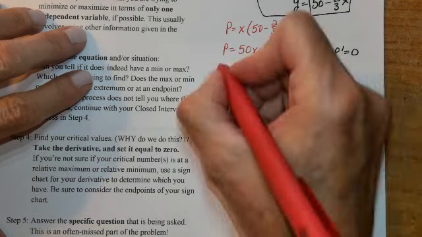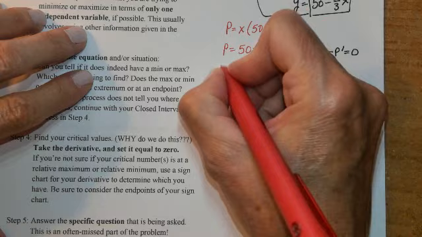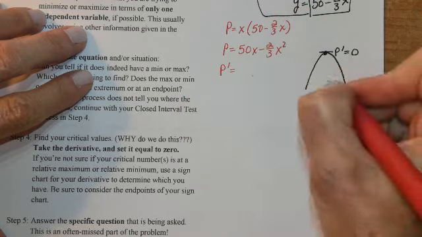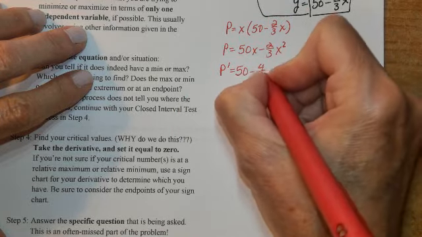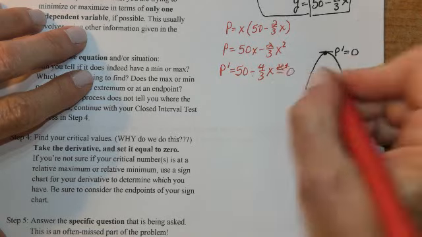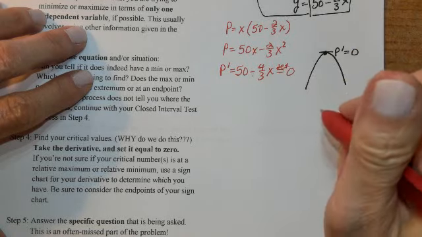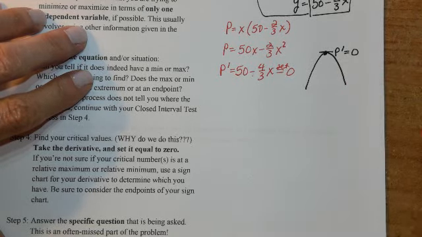But for now, since we know this one, and a lot of times this does happen, let's go ahead, take the derivative, set it equal to 0. You don't have to write the word set there. I do that just to let you know what's going on for your notes. Solve this for x.